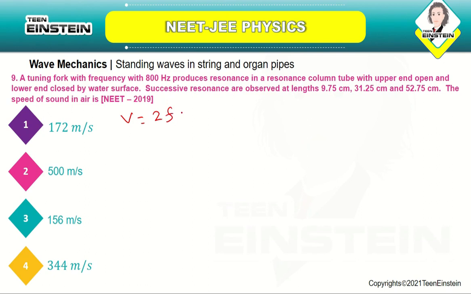2v is equal to 2f into L2 minus L1. So here they have given the L1 value as 9.75 and L2 value as 31.25.